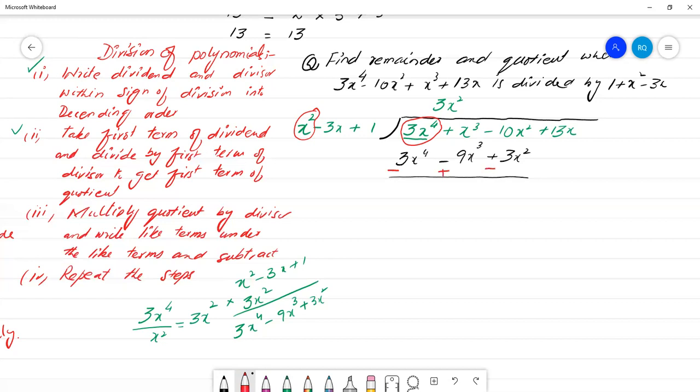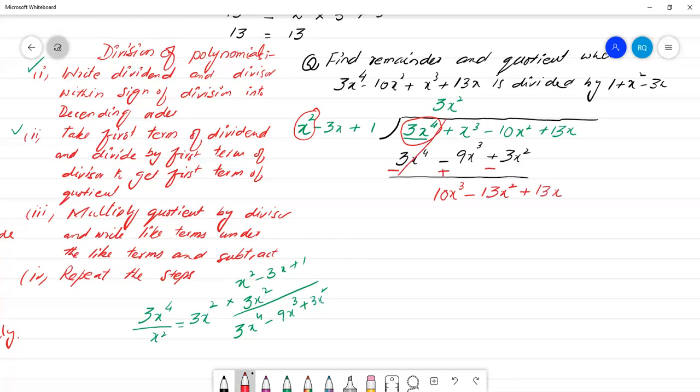Remember that the first term will always cancel out. Plus 3x raised to power 4 cancels with minus 3x raised to power 4. Plus x cube plus 9x cube becomes 10x cube. Minus and minus becomes plus, so we get minus 13x square plus 13x, if I'm not wrong.